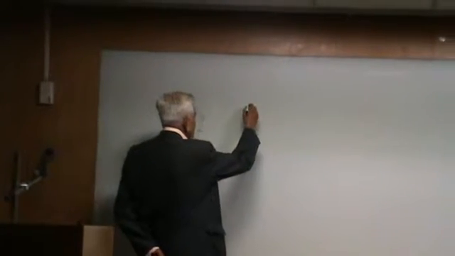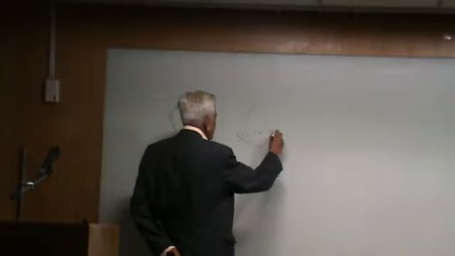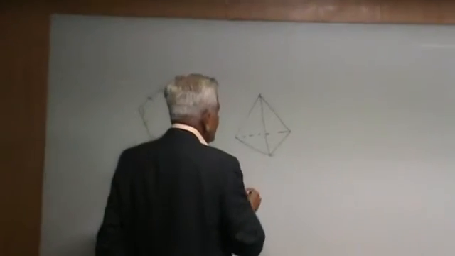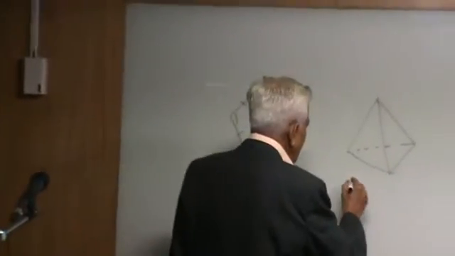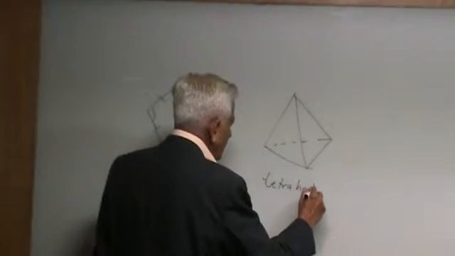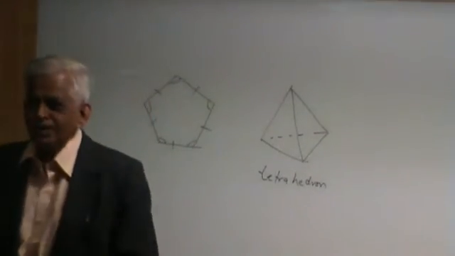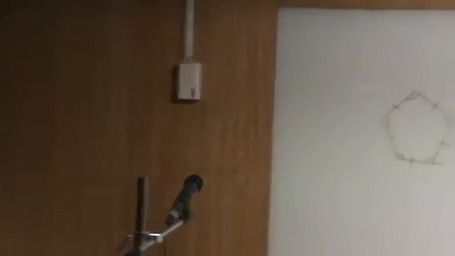So let me start with the first one. This is called a tetrahedron. Tetra means what? Wonderful, you know it. In Greek, tetra means 4.